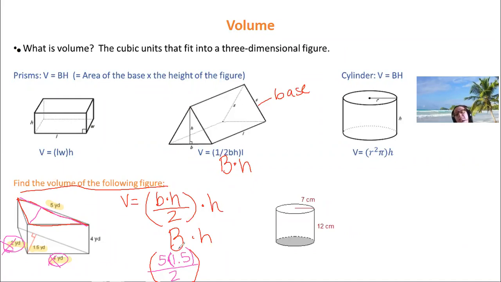Our base is 5, and then we divide by 2. And then we have to multiply by the height of my 3D figure. What is the height of my 3D figure? What value is that? It takes your base and rises it up and makes it 3D.